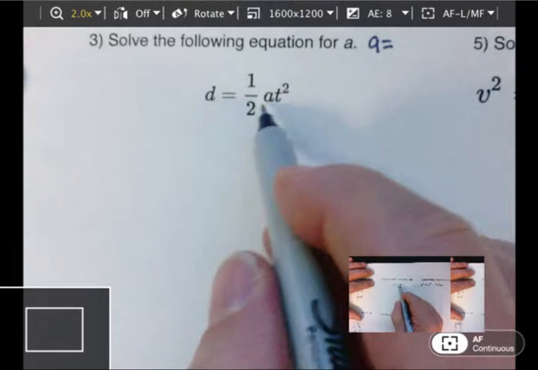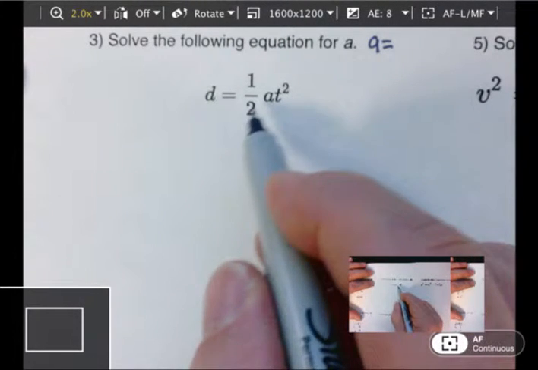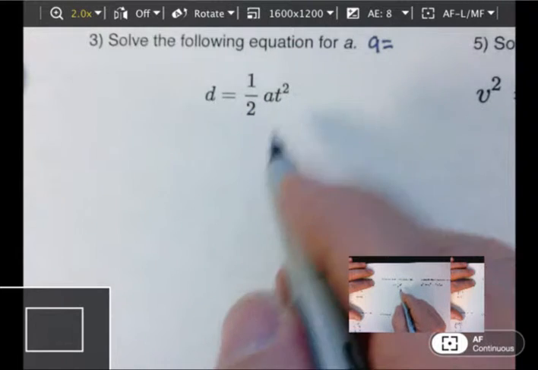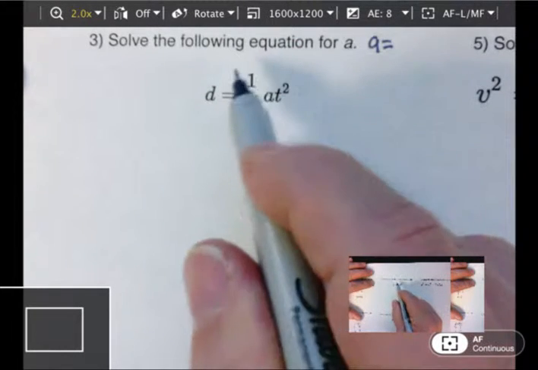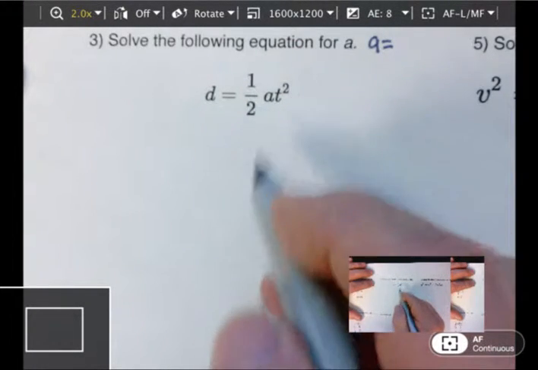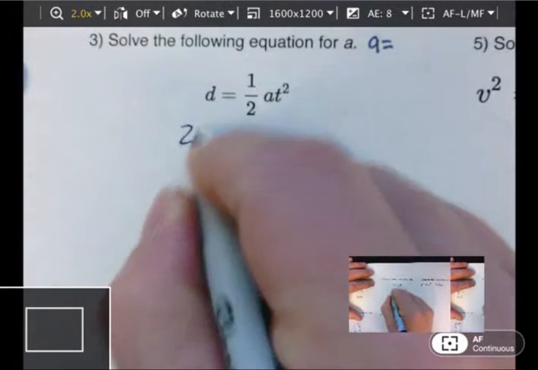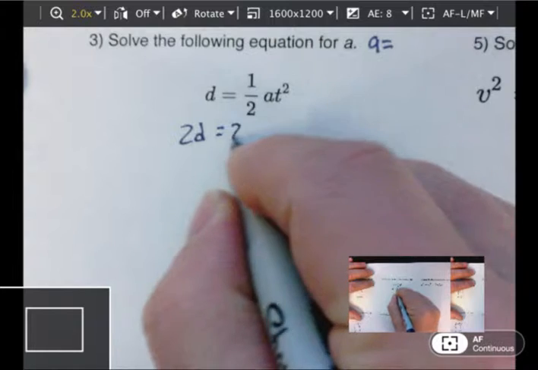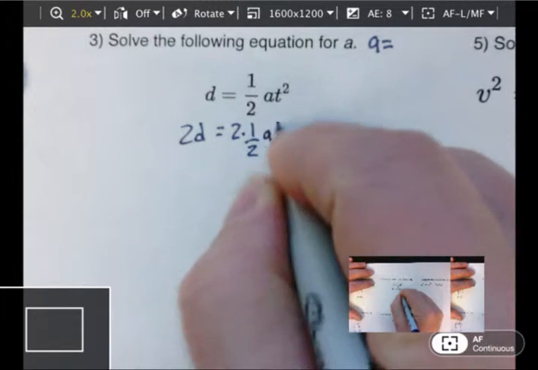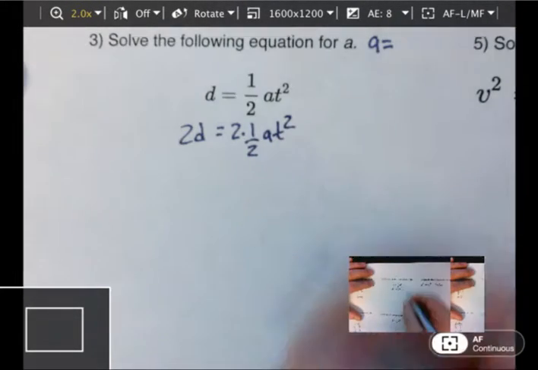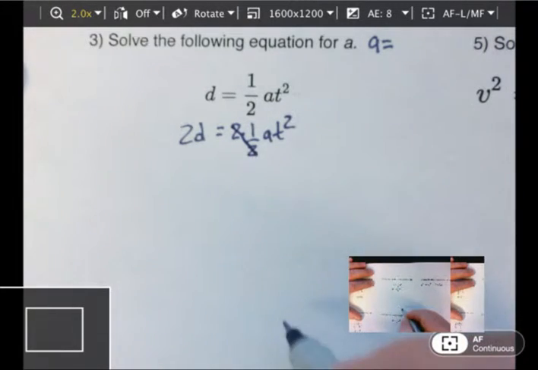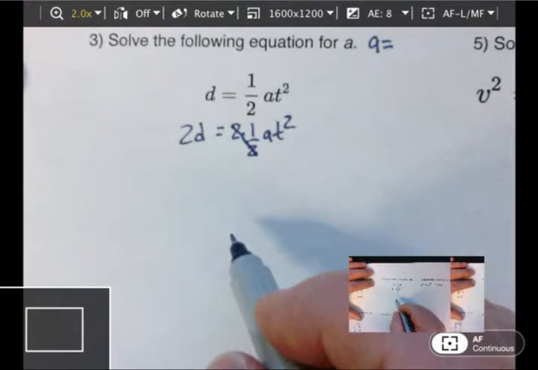A is on this side, and it's the product of three different things. So the first thing we can do to get rid of this 1/2 is multiply both sides by 2. So that gives us 2d equals 2 times 1/2 at squared. Now the 2's cancel on this side, and we're left with 2d equals at squared.